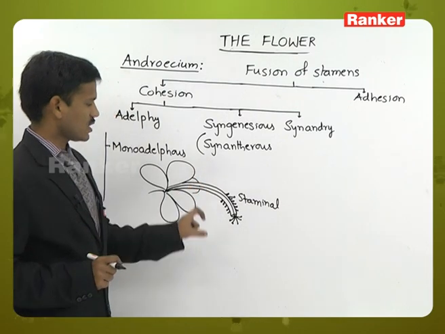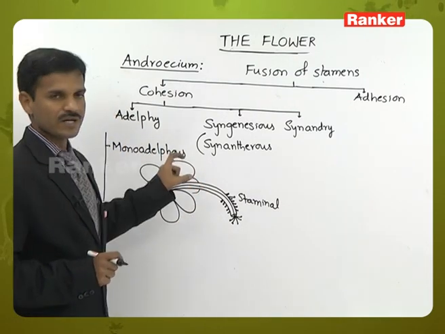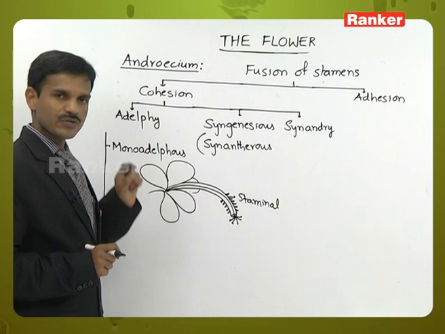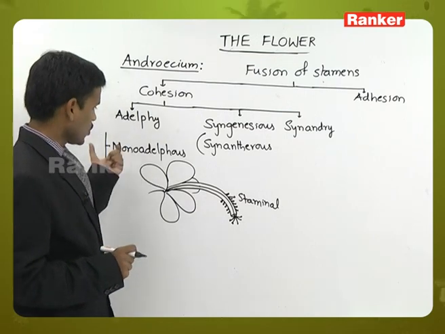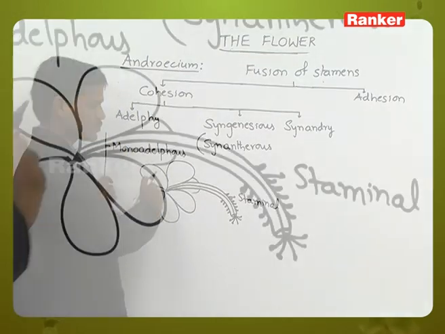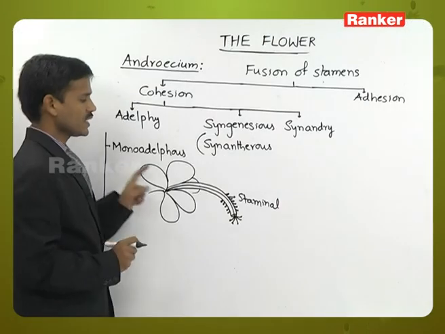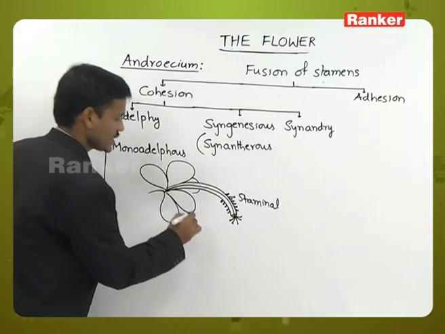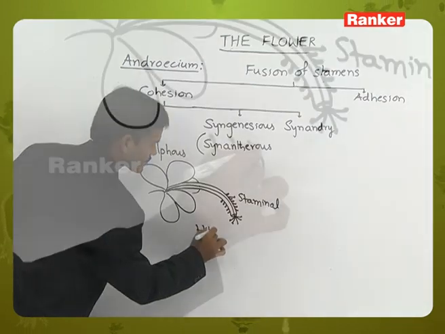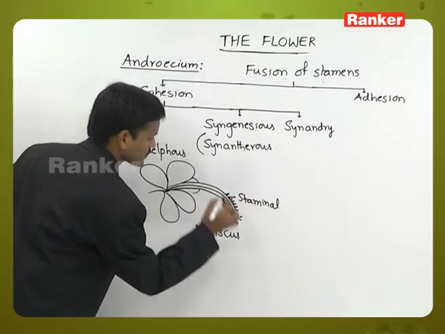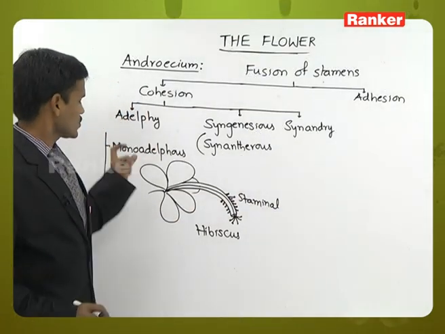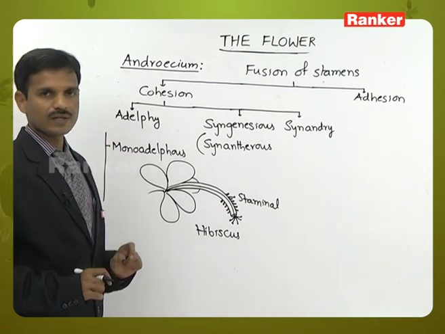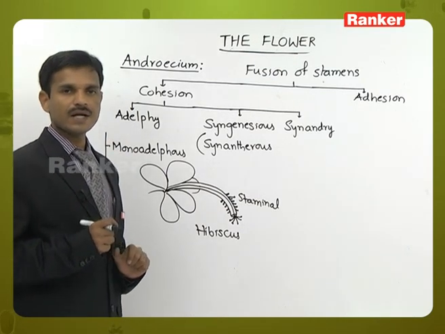This condition is called the monadelphous condition. Adelphy means fusion of filaments. Monadelphous means the filaments are fused to form a single bundle, as observed in hibiscus. So it is the first type of Adelphy. The second type is diadelphous.